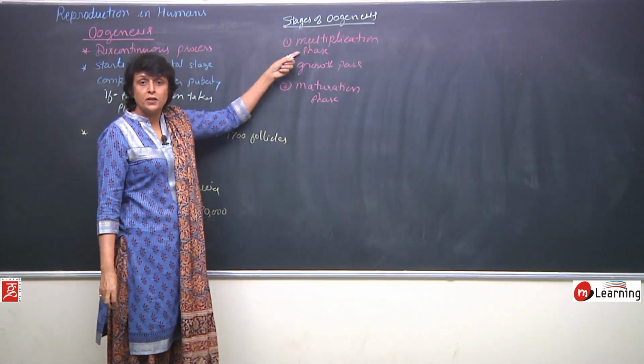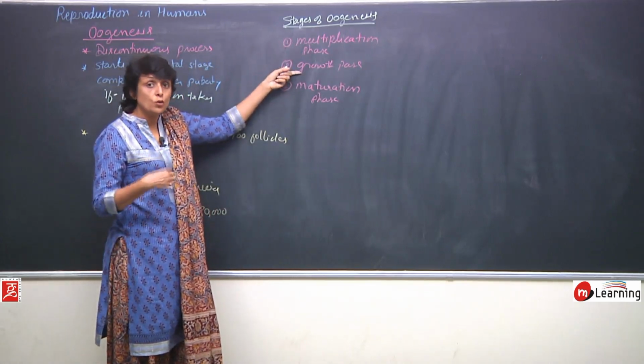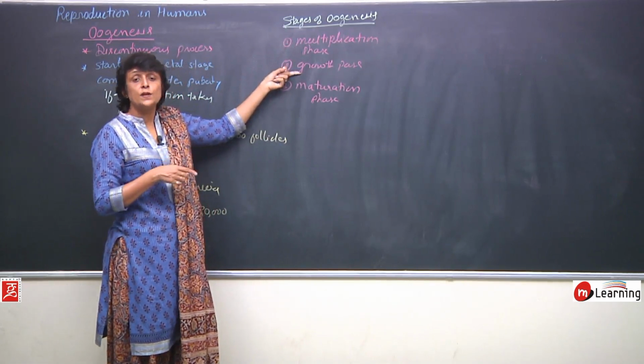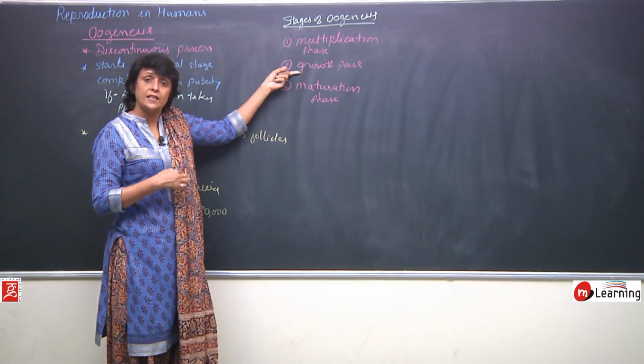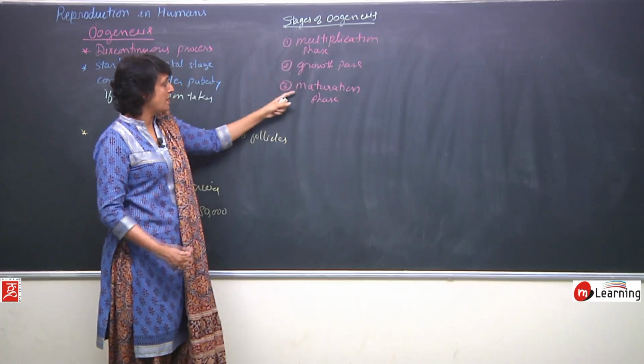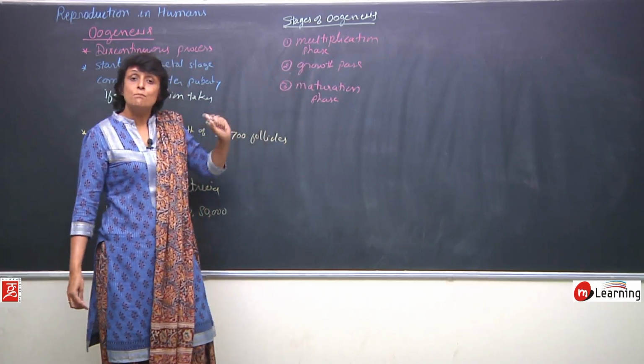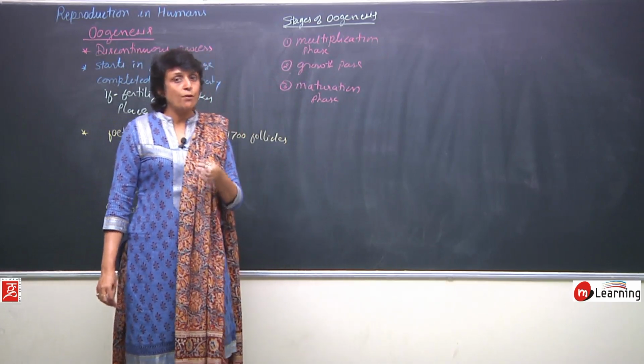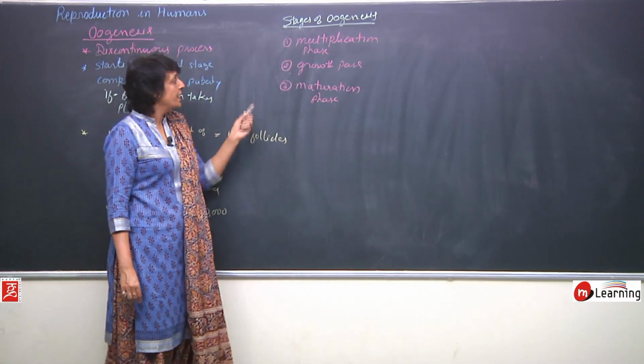Multiplication phase is mitotic division, growth phase is growth. Here the size will increase due to yolk accumulation, that is vitellogenesis. We will talk about that. Maturation is meiotic division, where haploid eggs will be formed.